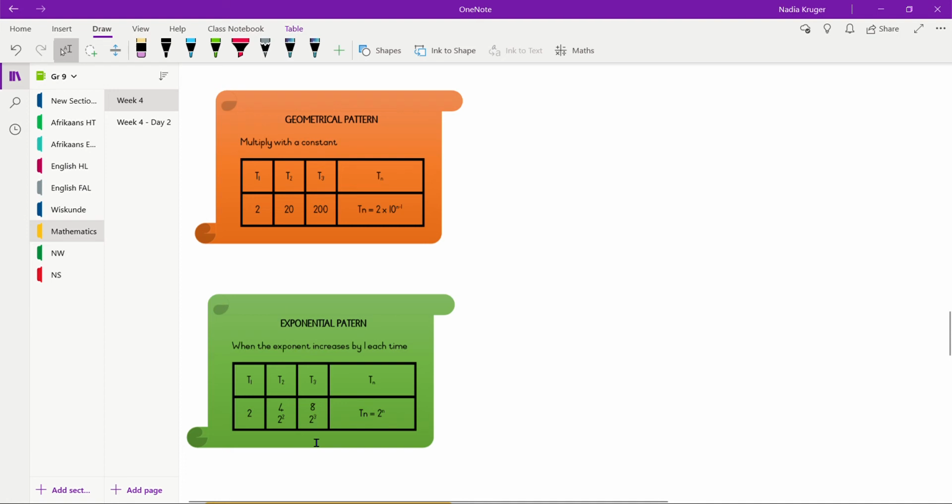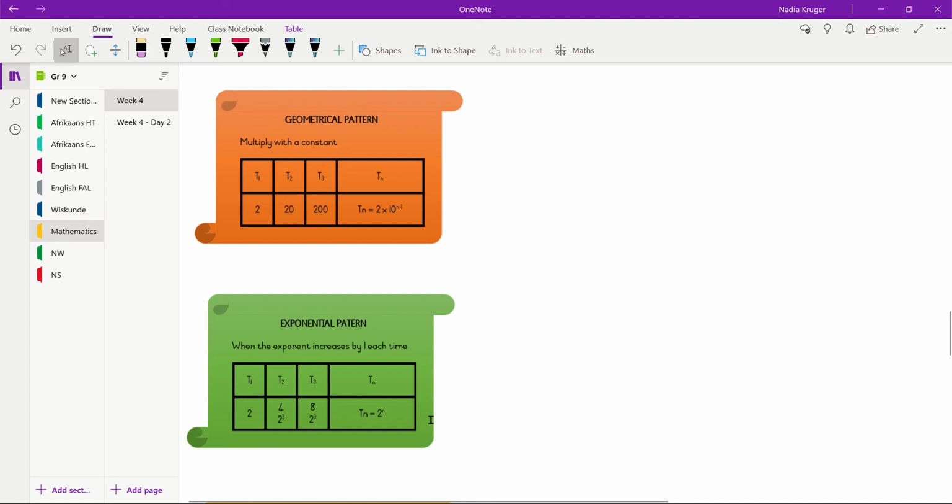But in other examples, it's not going to be like that. 3 would be different, for example. 1 to the power of 3, 2 to the power of 3, 3 to the power of 3, you won't be able to multiply there. So for this example, you've got 2 to the power of 1, 2 to the power of 2, 2 to the power of 3.